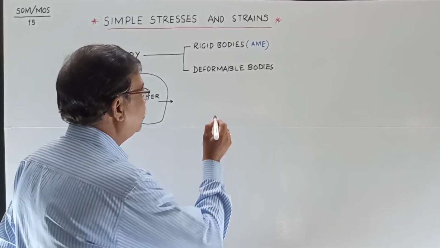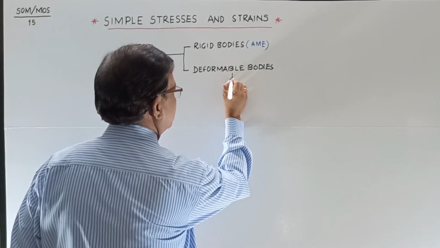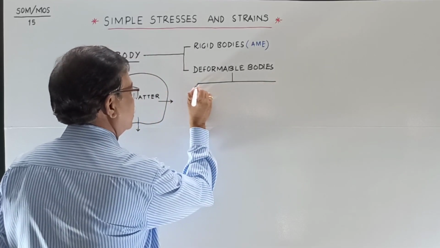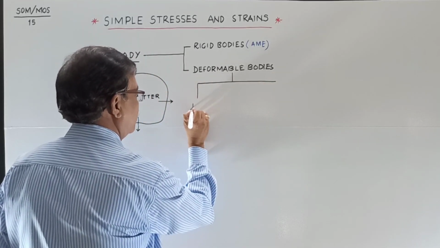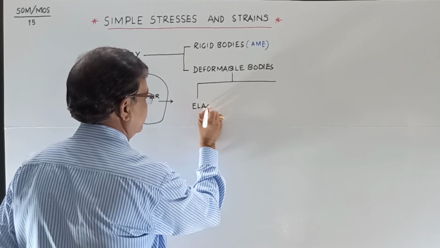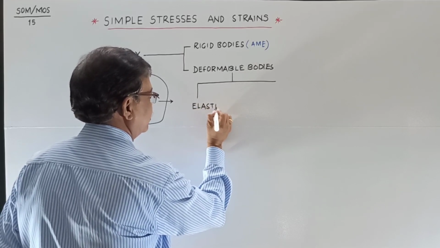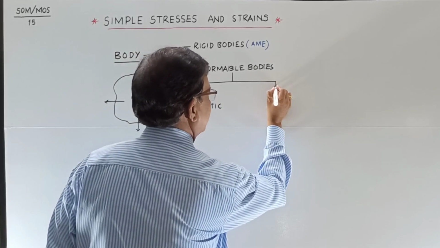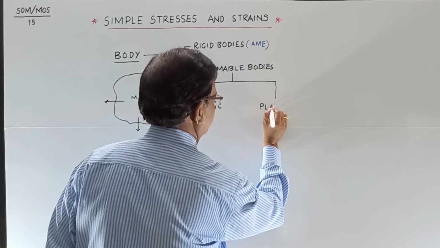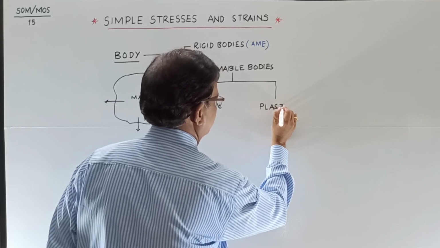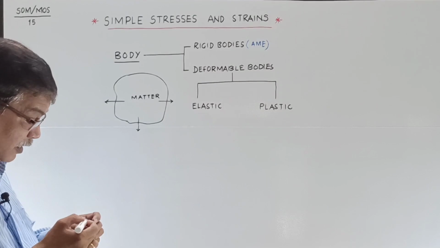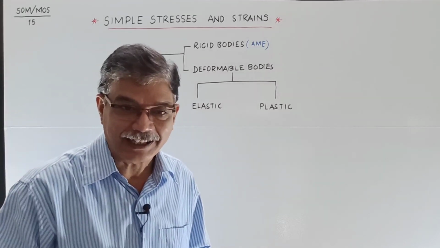Now the deformable bodies are further divided into two types. One is elastic bodies and the second is plastic bodies. Now what do we mean by elastic bodies?